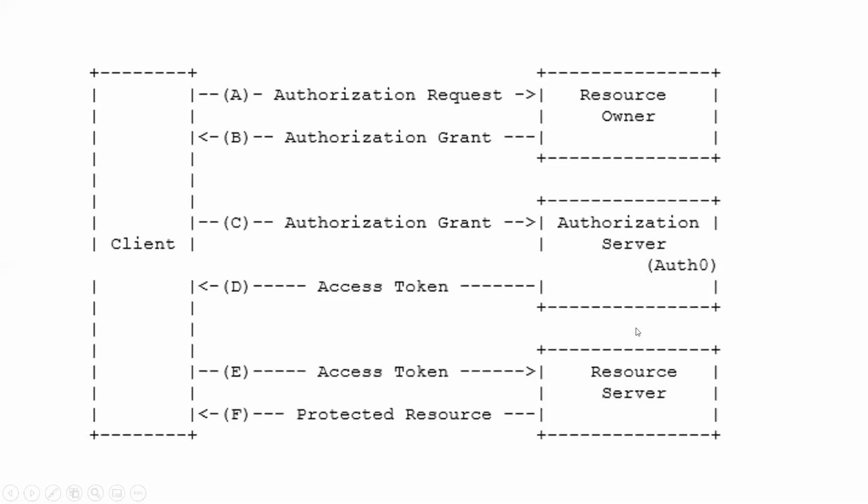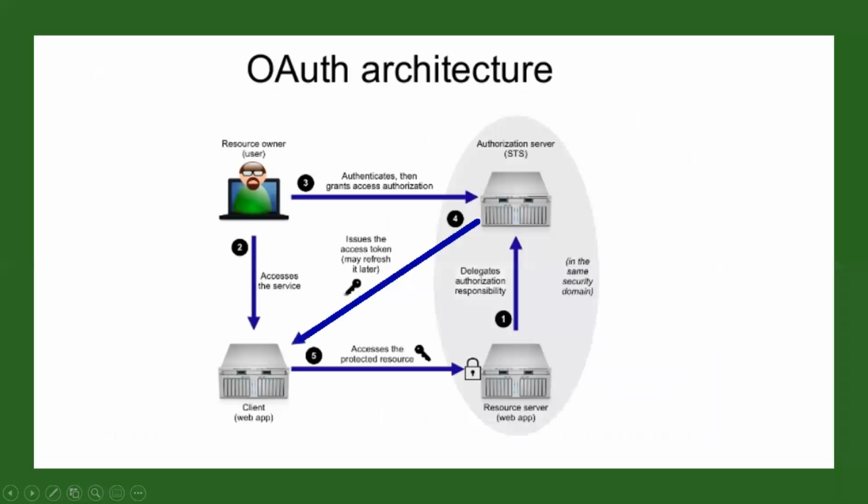So here we have two websites. The authorization server is one website, which provides third-party login integration points. It will validate your user details and send the access token. Based on that access token, you'll be interacting with the other website, where you have different services, the resource server. So I hope you understand the flow here: the client and resource owner interact with the authorization server, which will send the access token.